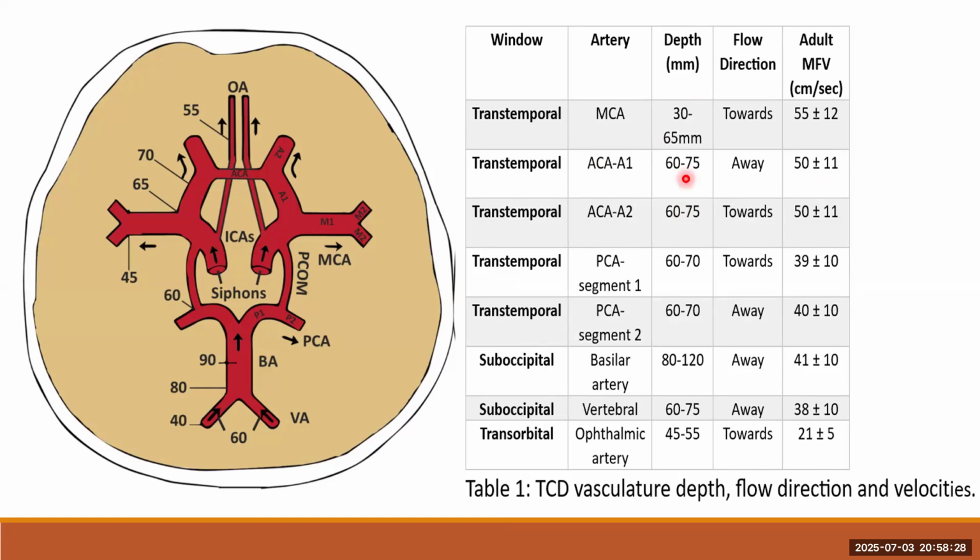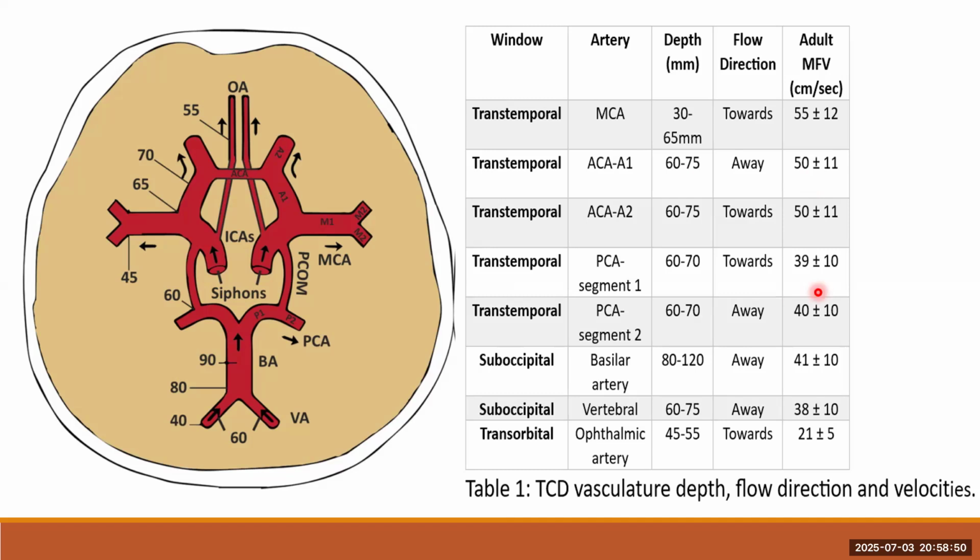And quite naturally, the MCAs should always be higher than the ACAs, which are higher than the PCAs. If there is any reversal, we need to do a detailed insonation of each component of the vessels. In a quick ICU insonation, possibly we can just insonate all the vessels once.